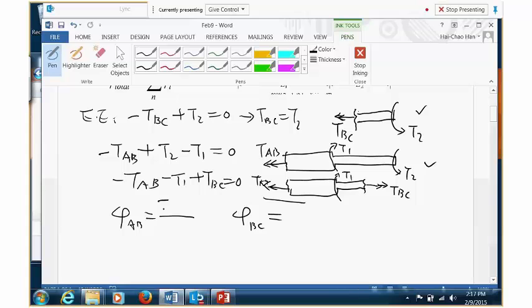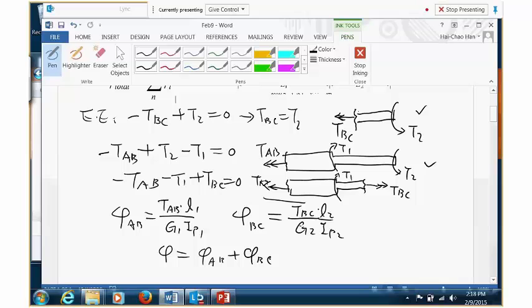So the equation will be TAB times L1, over G1, IP1, the segment 1, right? And then the second one will be TBC times L2, or you can say LBC, over GBC, IPBC. And what's the total? You will find out phi equals phi AB plus phi BC, right?